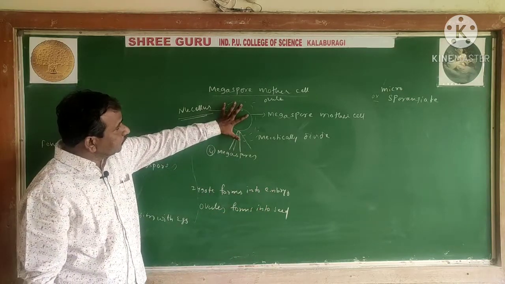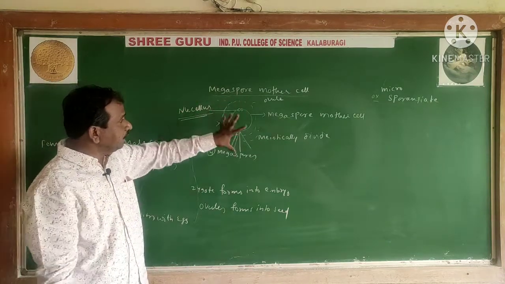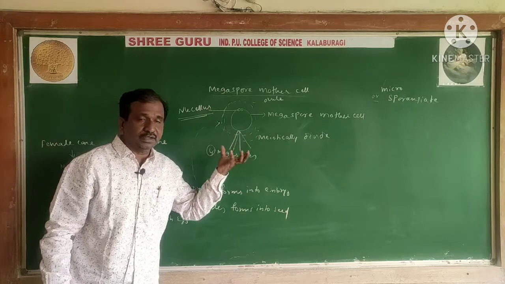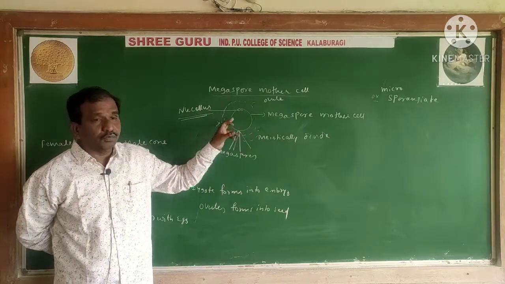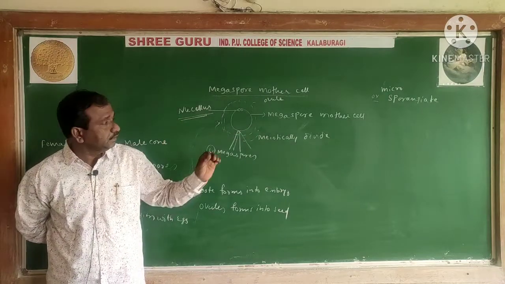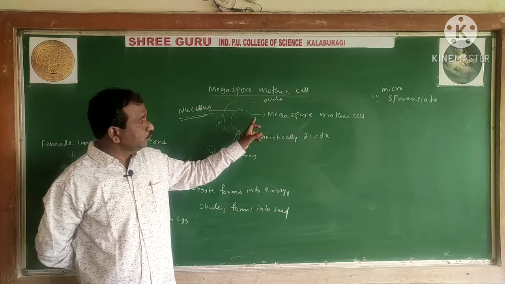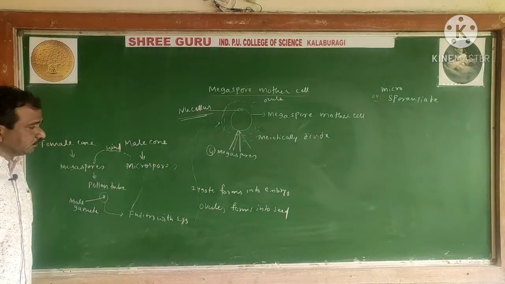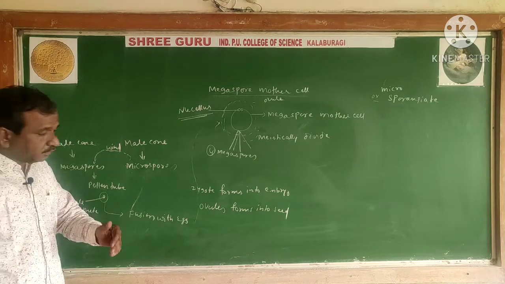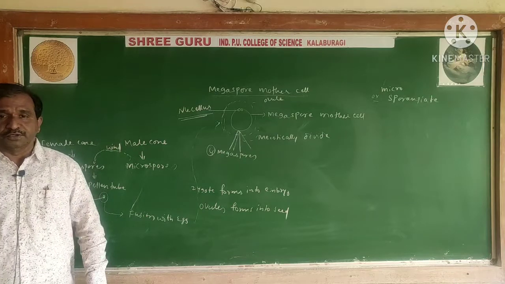The nucellus is present inside, which normally gives nutrition to the embryo. They are providing the nutrition to the embryo. Followed? This is how fertilization takes place. Post fertilization, the zygote forms into embryo and the ovules form into seeds.